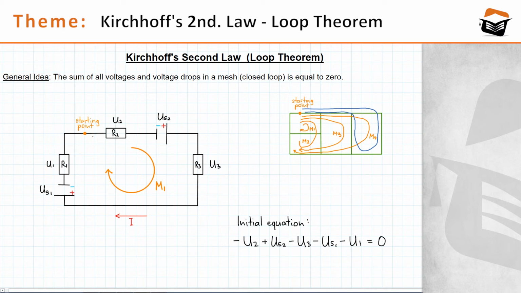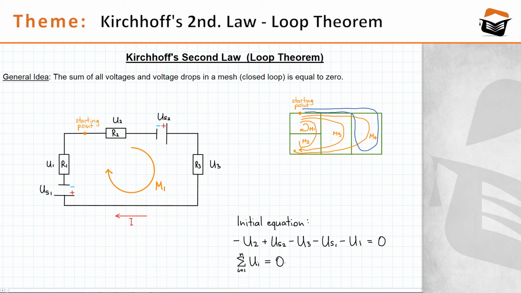And there's no difference in potential at this point. So the sum of all voltages along the mesh is 0. And this can also be expressed as the sum, I'm using the Greek letter sigma, the sum i equals 1 up to n, the sum of all Ui is equal to 0.